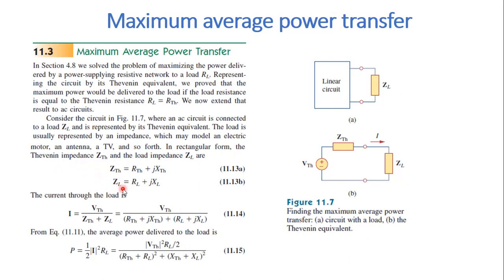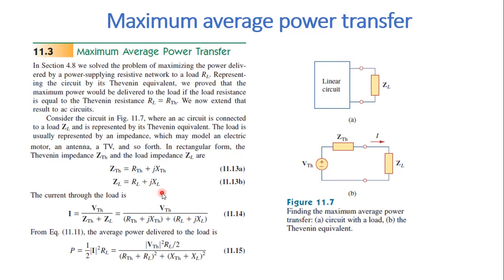So ZTH is equal to RTH plus jXTH. Similarly ZL is equal to RL plus jXL.